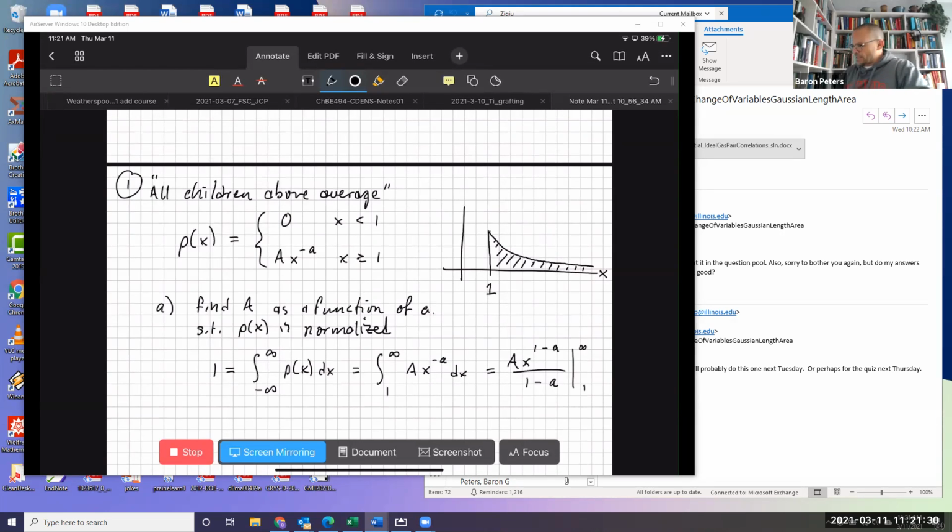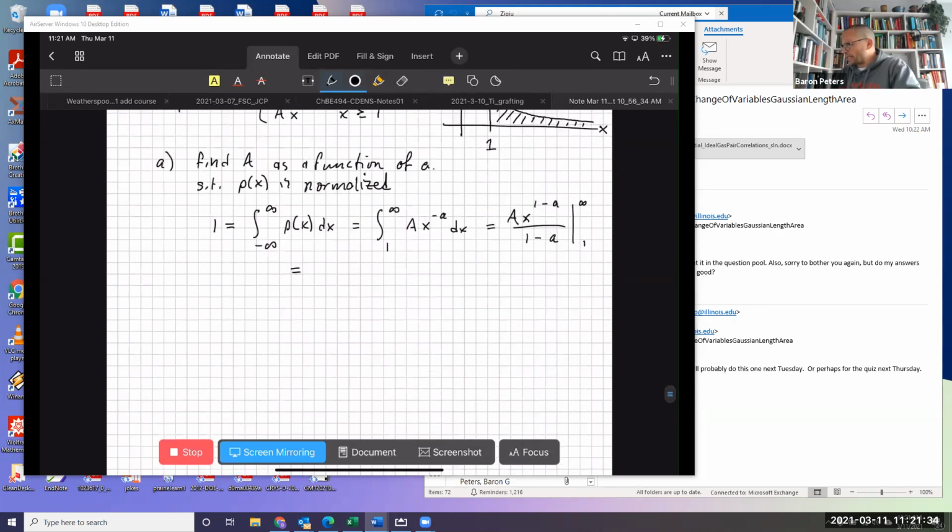If I complete my integration here, I get A over a minus 1, and I have to require that this should be equal to 1. So I want to make this thing equal to 1, and so I have to choose my constant A to be little a minus 1.